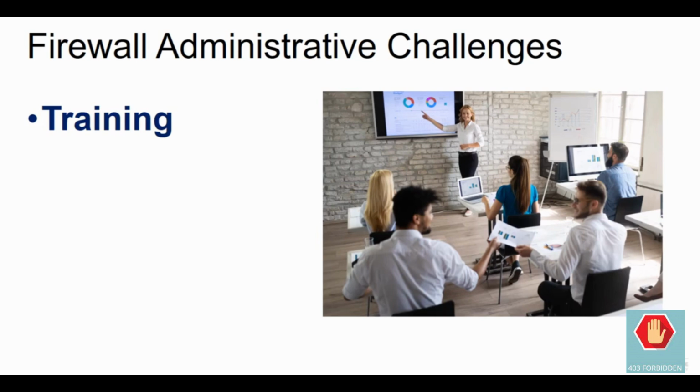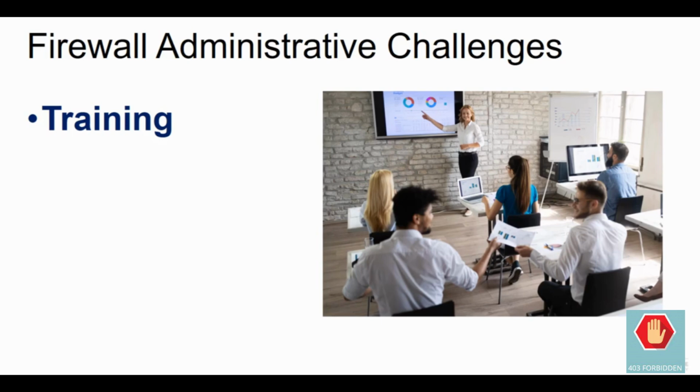There are a number of administrative challenges to the operation of firewalls. First, training. Most managers think of a firewall as just another piece of technology, more or less similar to the other computers in the organization. They may assume any competent IT technician can configure and use them, but they can't. They're very complex pieces of equipment with their own language and function.